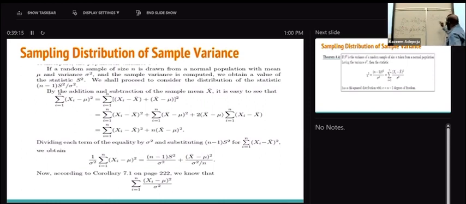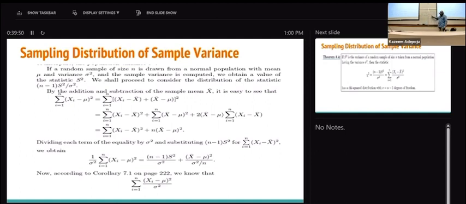If I want to get this guy, what is it going to be? If you solve for this guy, right? Now, if you take a look at what I have here, summation (xi minus mu) all squared divided by sigma squared, I start from 1 to n, equals summation (xi minus x bar) squared divided by sigma squared plus n times (x bar minus mu) all squared divided by sigma squared.